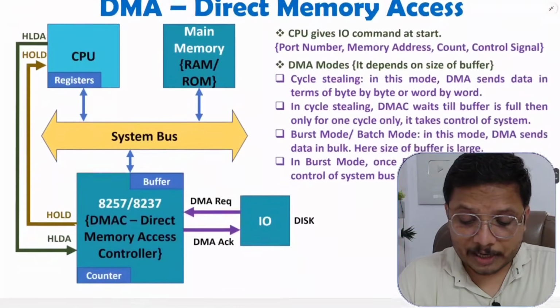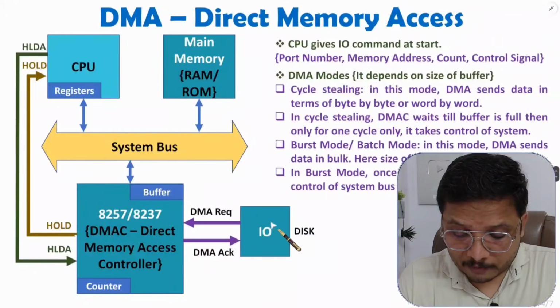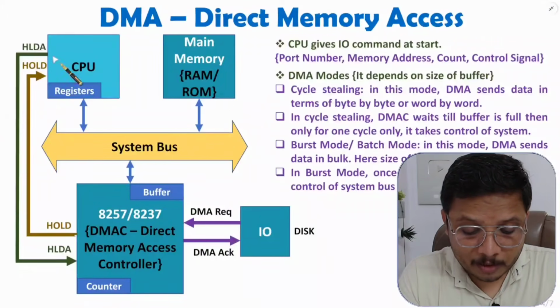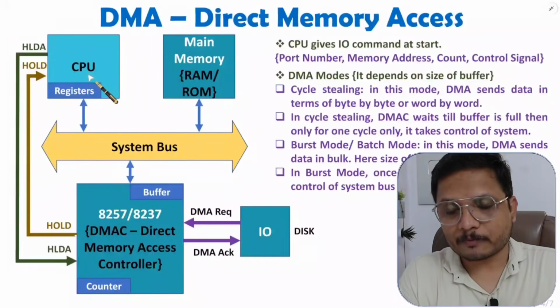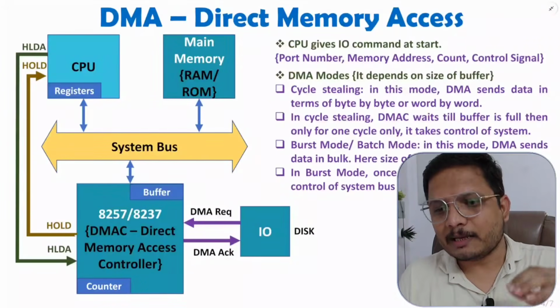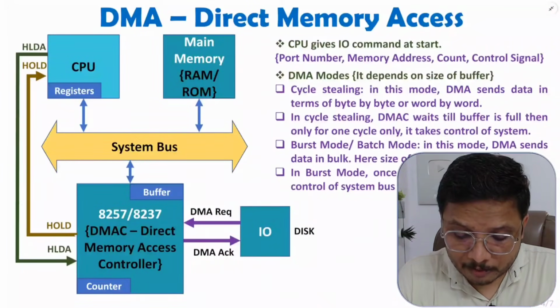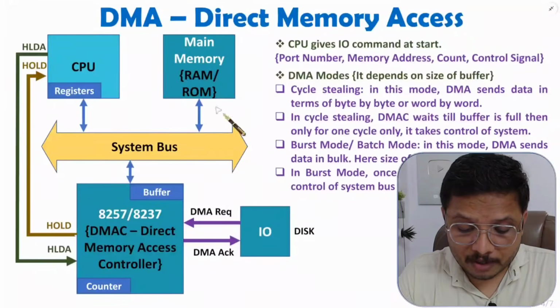So in this video, I'll explain how exactly we can transfer data from disk to main memory without involvement of the CPU. Before I explain how everything happens, let me tell you what I'm going to cover in this video. I'll explain how DMA functions.